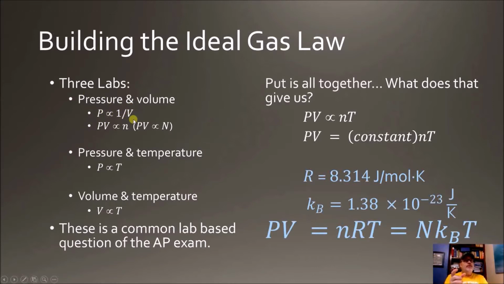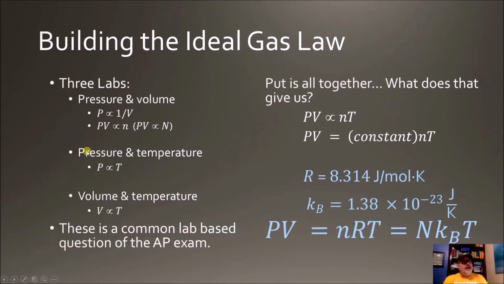We also did this for different amounts of gas, and we found that the greater the number of moles in the gas, the bigger amount of atoms that we had, the bigger the PV value. So PV is proportional to n, the number of moles. The pressure and volume of the gas is directly related to the number of molecules in the gas.